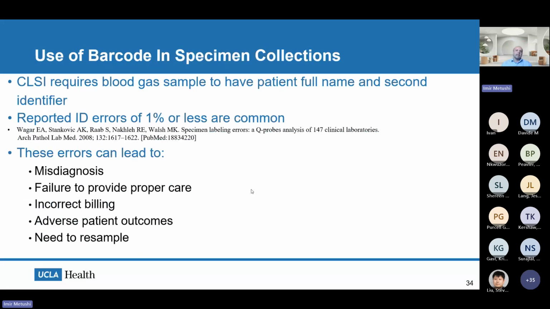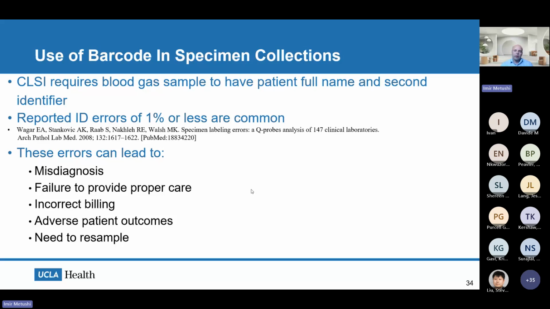And so with that, I want to talk a little bit about the fact that we still have issues in the pre-analytical space with ID errors. The use of barcodes, since their invention, has dramatically improved patient identification, because now we have labels rather than writing things onto tubes and identifying those patients.